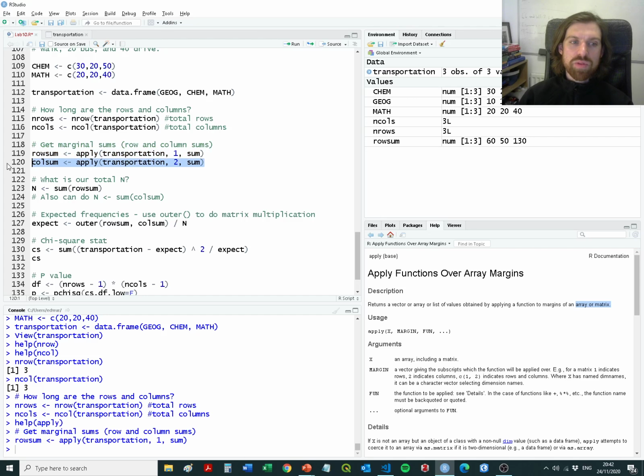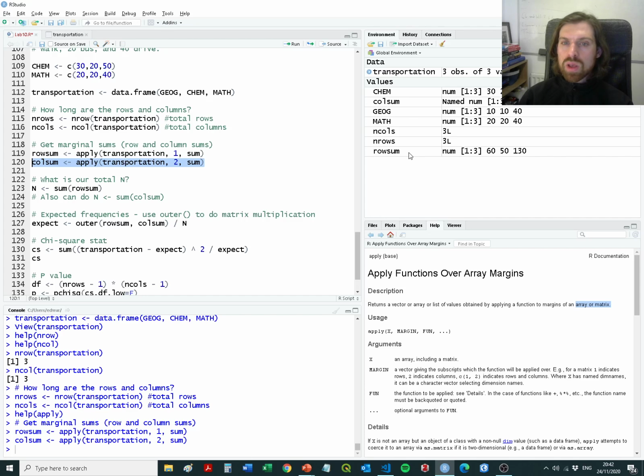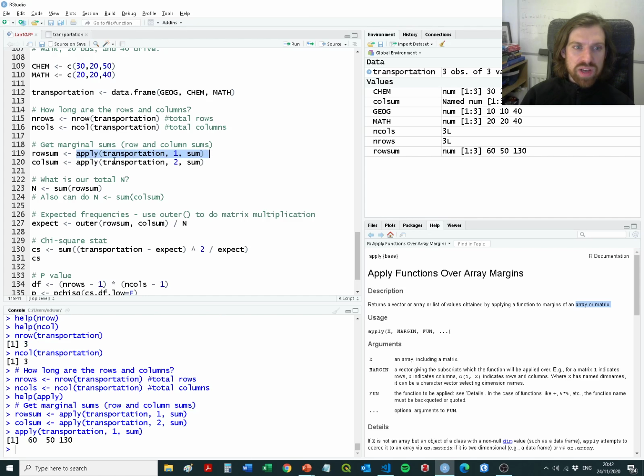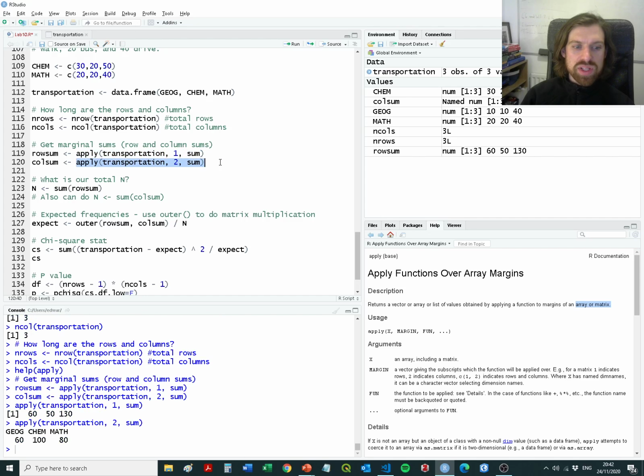When we do the same for the column, we end up with the col sum, summing downwards, getting 60, 100, and 80. So hopefully that's fairly straightforward now. Let me print these down to the console so we've got them for later.